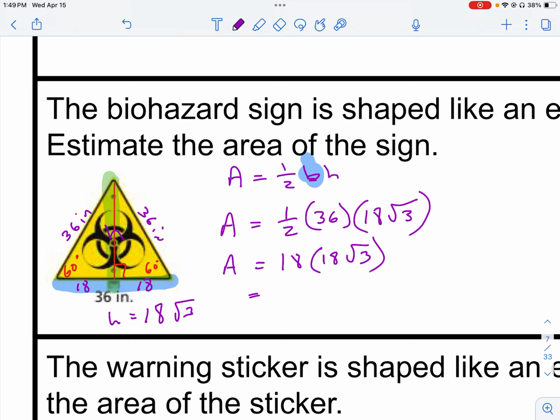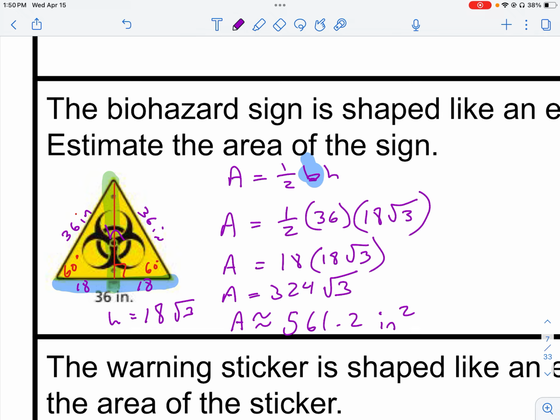So 18 times 18 is 324 times radical 3. And remember, it doesn't matter the order that we multiply in. So we'll take that times, I'll use my calculator. So the area is going to be about 561.2 inches squared.